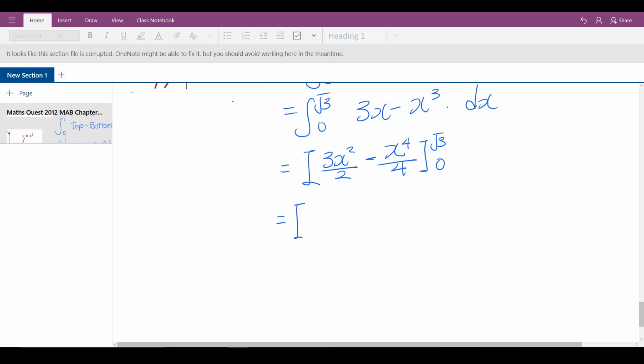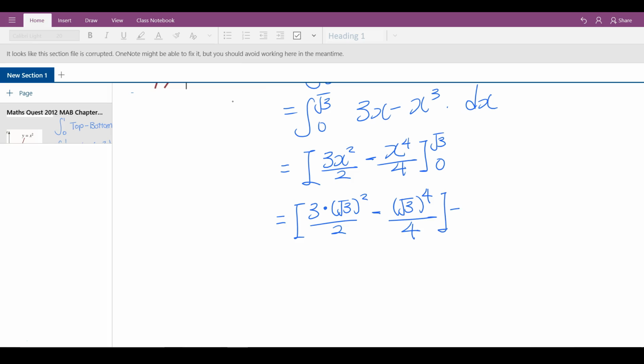So this is 3 multiplied by root 3 squared over 2 minus root 3 to the fourth power over 4, minus 3 multiplied by 0 squared over 2 minus 0 to the power of 4 over 4.